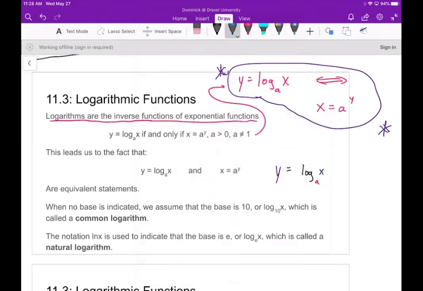Then that's equivalent to this definition. And then I should put my equals here, x here, before I change that color back to the y. Whoops.